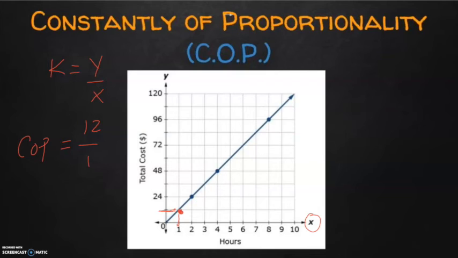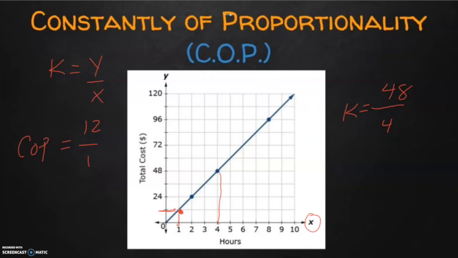So you may even see k written as we see here, we go to 4. And when x is 4, y is 48. K can be 48 over 4 or any other proportion. Okay? But notice, if you find k and k is the slope, you can always reduce k down to find the constant of proportionality.